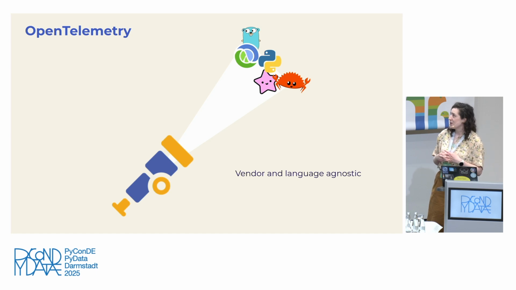OpenTelemetry uses the OpenTelemetry protocol, or OTLP, to export data and can be integrated with many different observability platforms, such as Prometheus, Jaeger, Grafana, essentially any which support it. As a result, it provides a unified approach to observability without being tied to a specific tool or provider. So if you change your telemetry backend, you don't need to make any code changes.